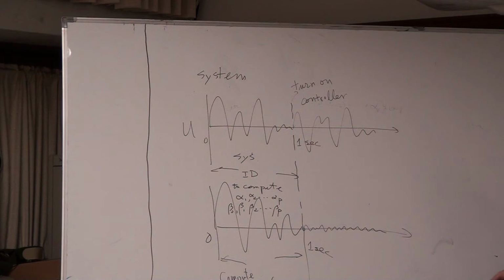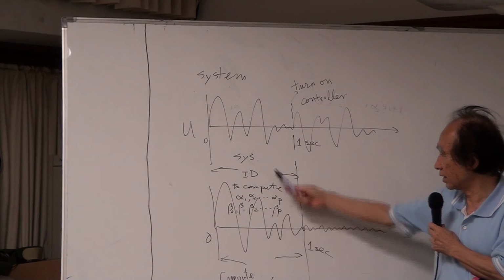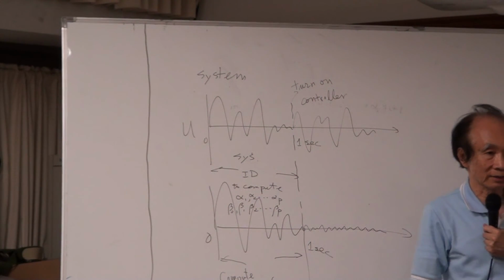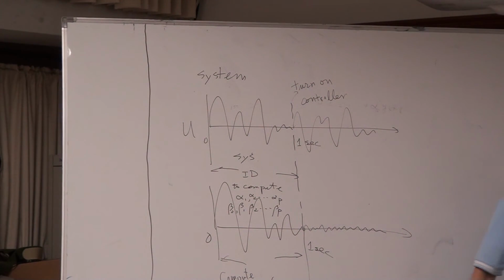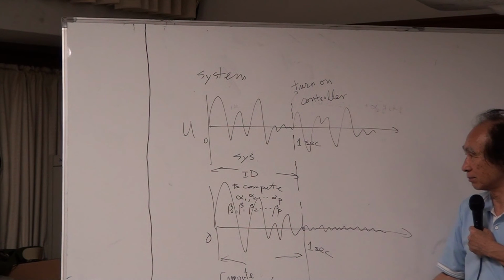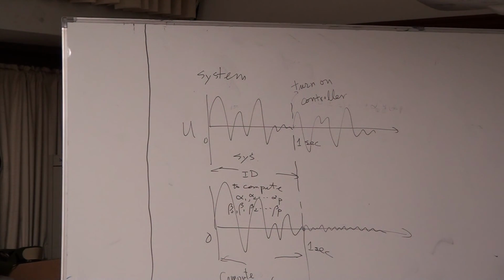So when we do implementations, we allow a time period to do system ID and compute the controller. Now the computer is very fast. For this kind of computation, it's very easy. You can compute it in less than 1 second. And then after that, you can turn on the controller. I will show you a lot of examples later on.